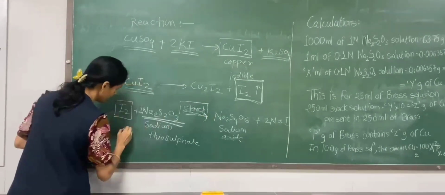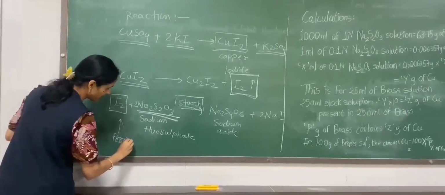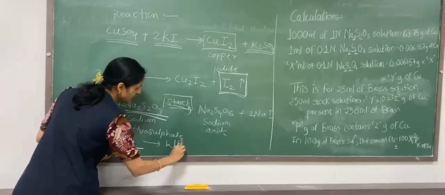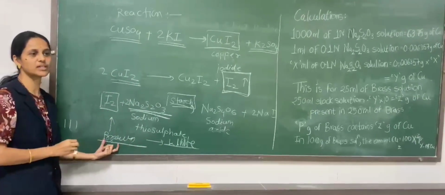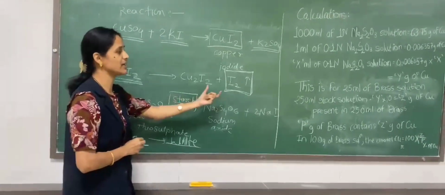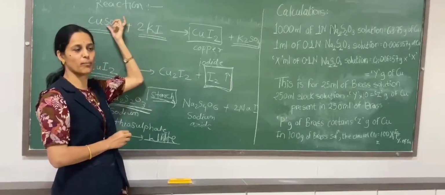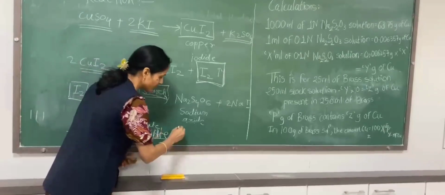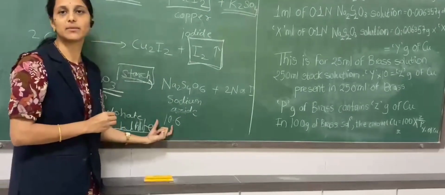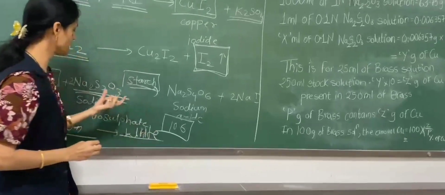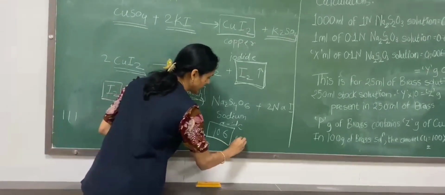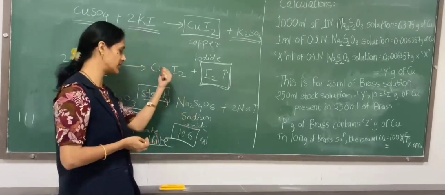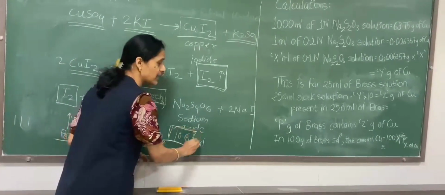When there is I2, there is a brown color, and this brown color disappears to white, which means that is the end point, that much I2 has been consumed, and that much copper is there in your solution. We get the result as 10.6 ml of sodium thiosulfate used. We conducted three readings for this titration, and the concordant burette reading is 10.6.